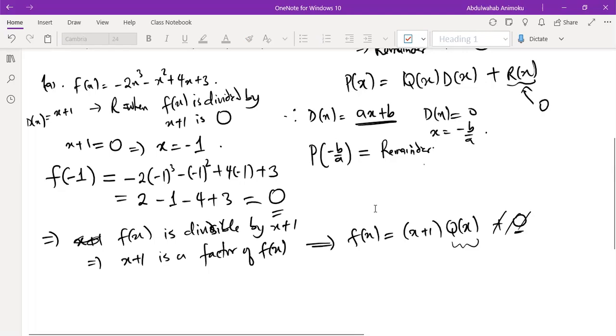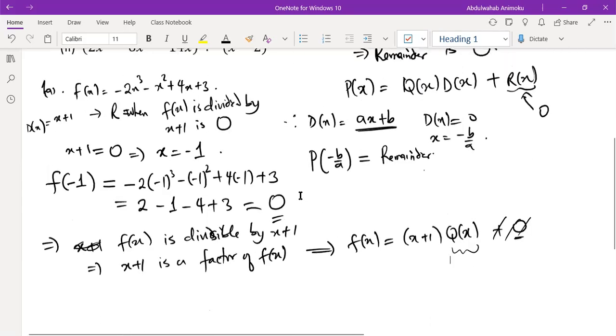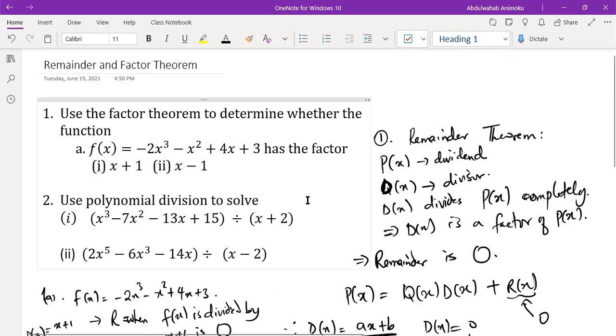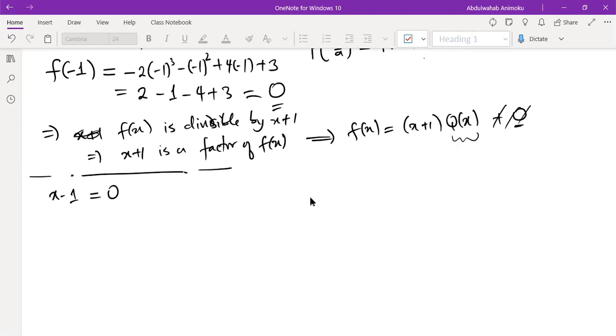Okay. Now that we have this, let's look at the next one. So x plus 1 is a factor of f of x. How about x minus 1? We do the same thing. For x minus 1, we also equate this divisor to 0, and this will give us x equal to 1.